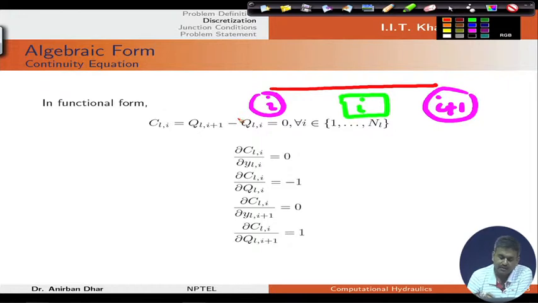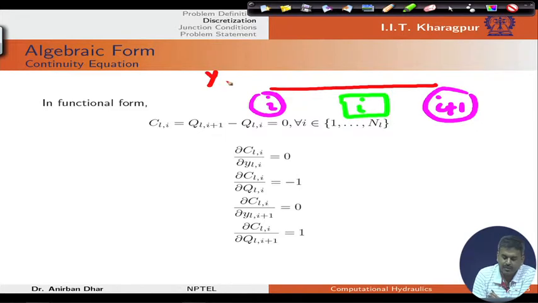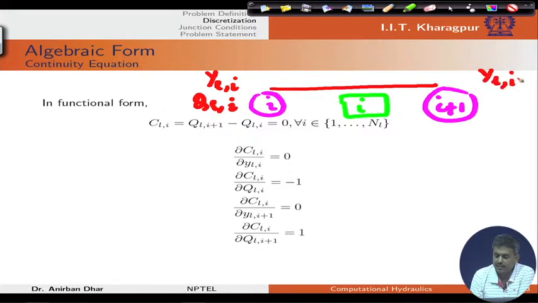For section I we have variables Y L I and Q L I. On the right hand side we have Y L I plus 1, Q L I plus 1. So, in total, any segment will have 4 variables, 2 for depth and 2 for discharges.